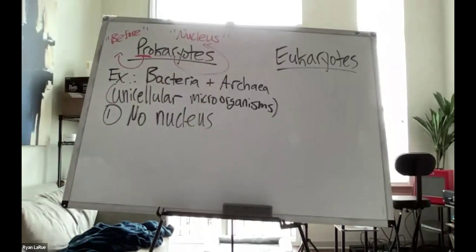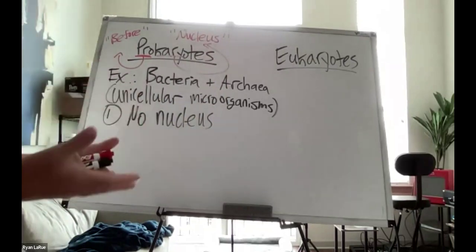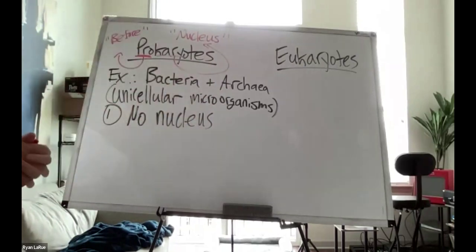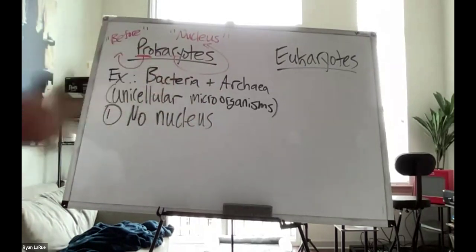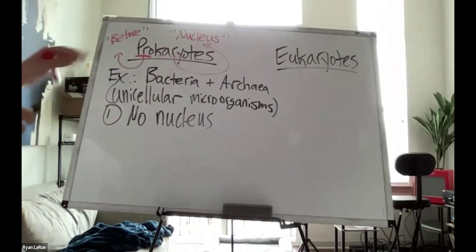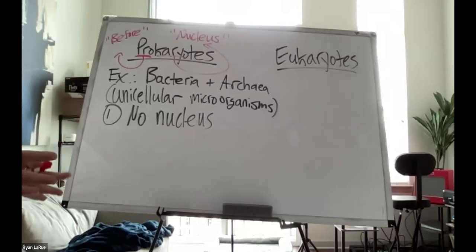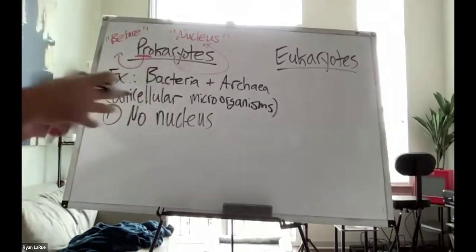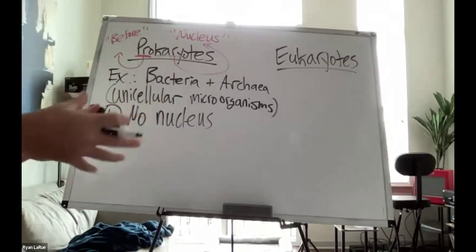However, as we've talked about a little bit, every cell, every life form needs DNA, genetic material, to code for proteins, as we'll see later on. But really, you've got to have DNA. And so the DNA of prokaryotic cells is actually not in this nuclear structure, the nucleus, but it's located in the fluid of the cell.